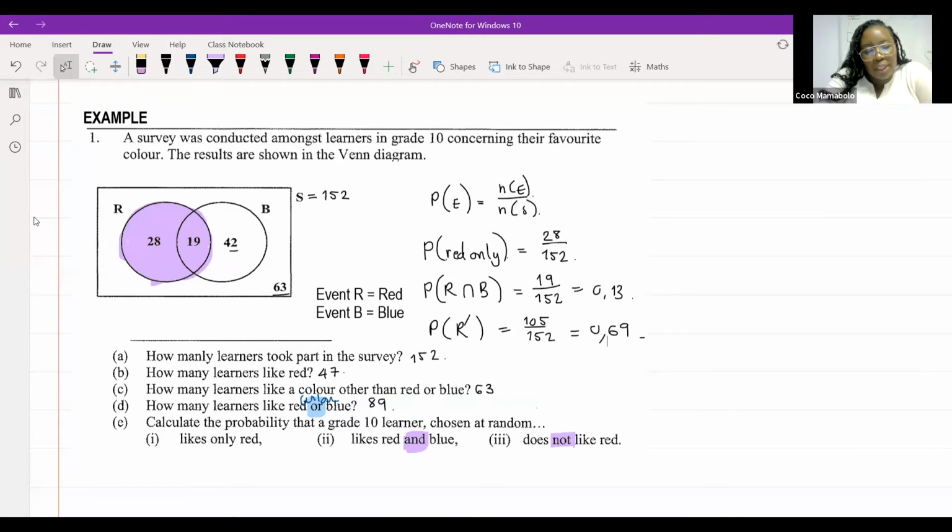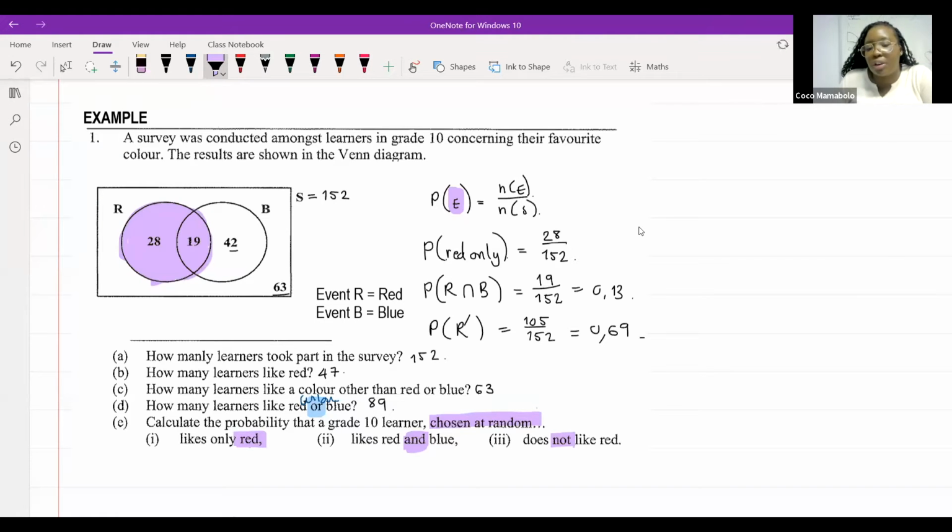Could you please repeat what the base formula stands for? Okay, Michelle, we're going to break this up into its pieces. An event is when something happens, when they ask us to choose something at random. Over here, they've asked us to choose at random. What would be the probability, if the event was chosen, that a child only likes red?